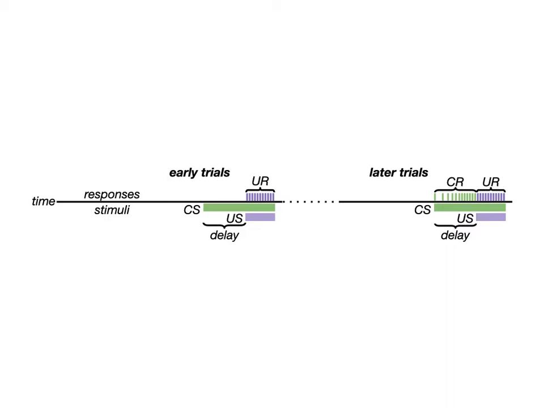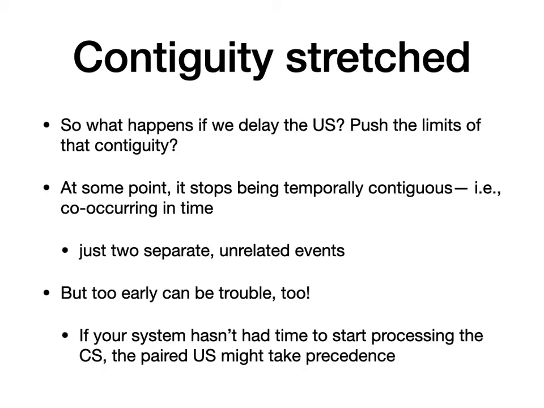If they don't really go together, what does it look like? Well, we can stretch it to figure out what happens if we delay that unconditioned stimulus, right? How far can we push the limits of what is contiguous in time? At some point, it just stops being temporally contiguous, right? If I present a bell 6 days before I offer a dog food, there's no chance that they will pair those concepts together.